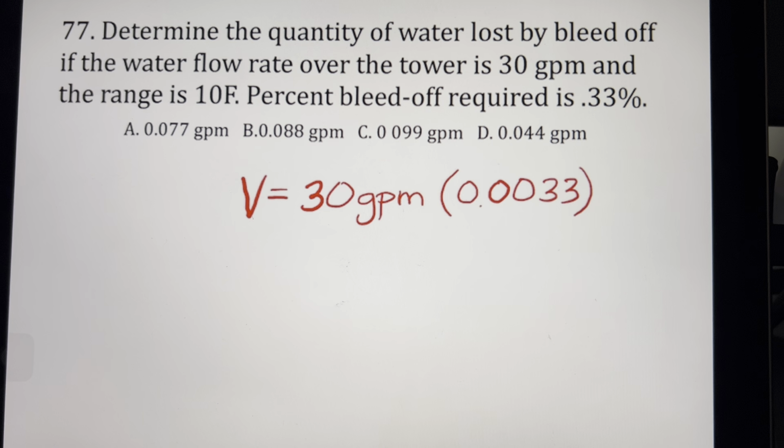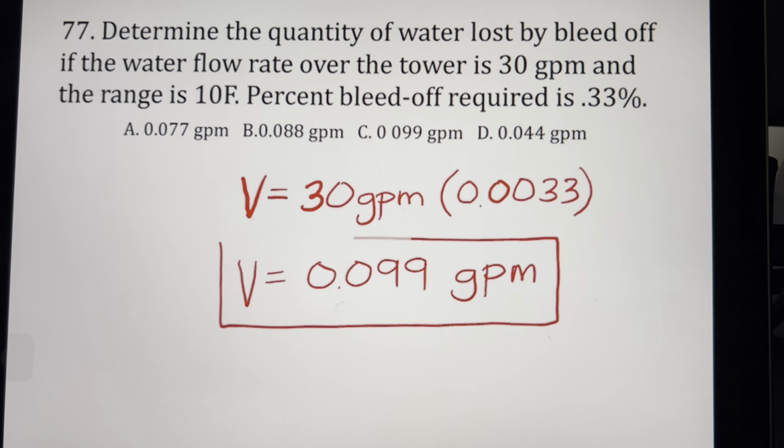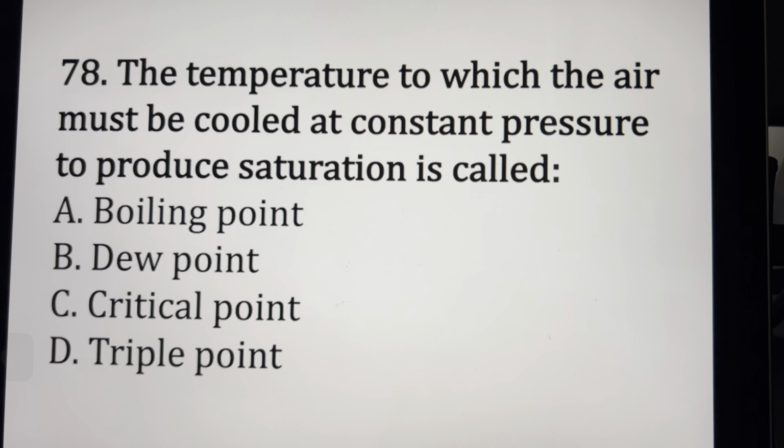What's our answer? This is 0.099 gallons per minute. 78. The temperature to which the air must be cooled at constant pressure to produce saturation is called dew point.